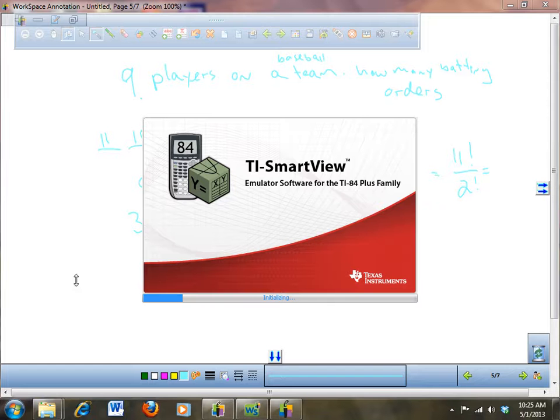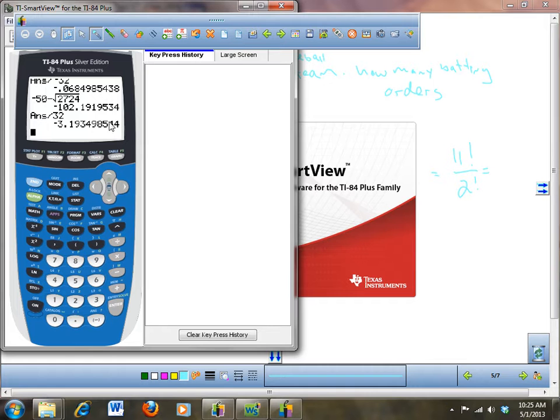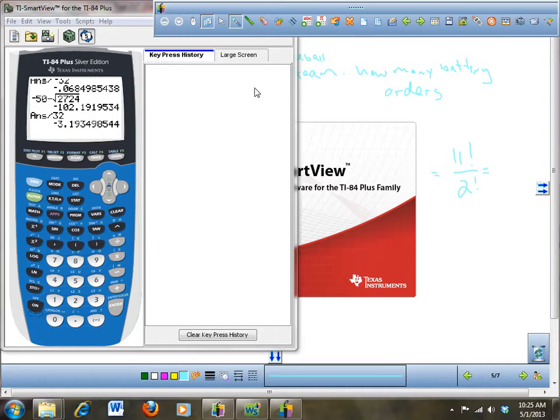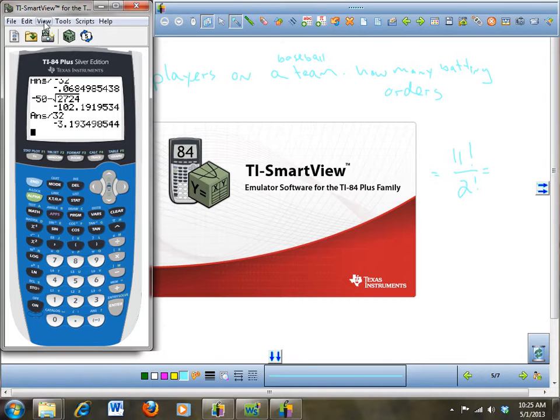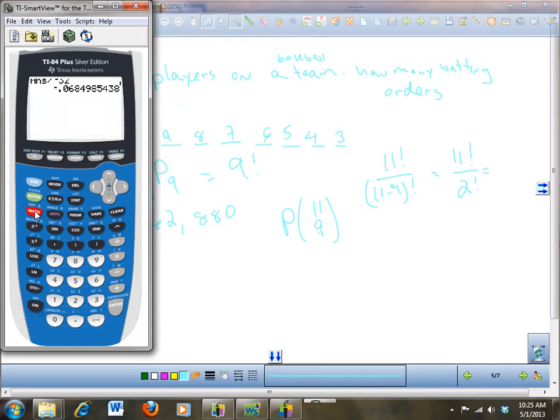So with 11 players on a team, you go 11, then you go to math, and then you go over to PRB, because this comes up a lot in probability, and you go to nPr, National Public Radio.